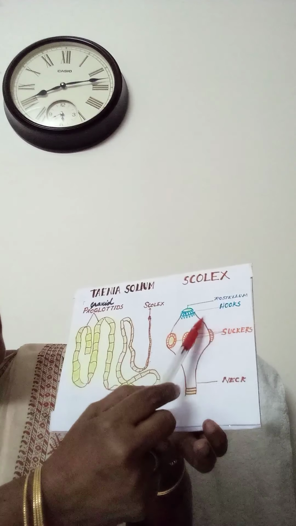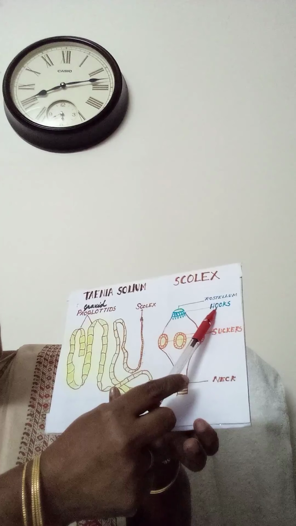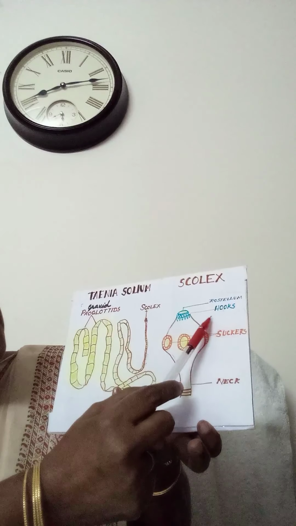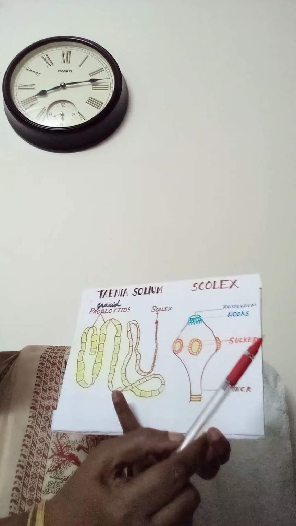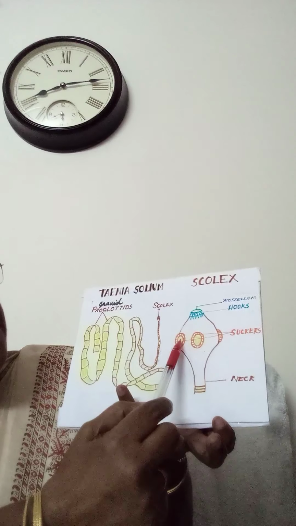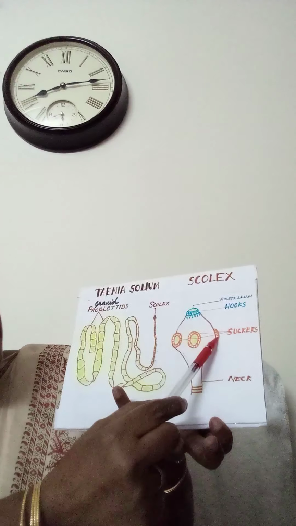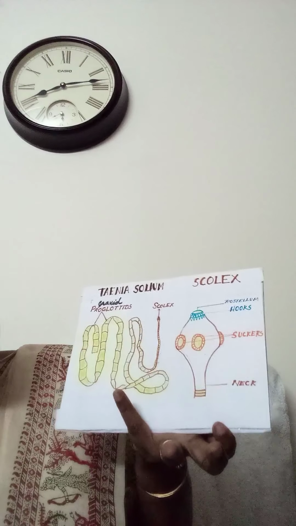And it will be containing 2 rows of hooks for attachment. There are about 22 to 32 hooks. Then they will be having 4 suckers. See, these are the suckers. In the suckers, hooks are absent.